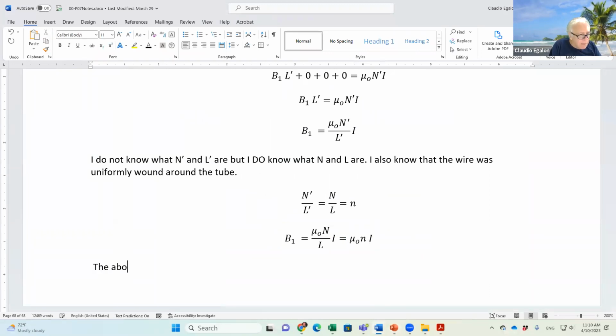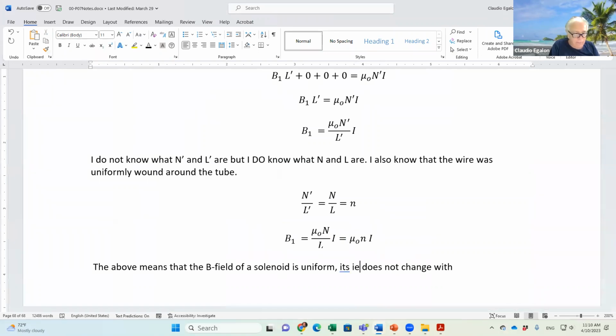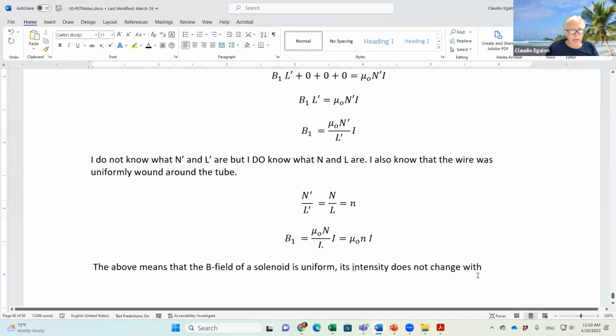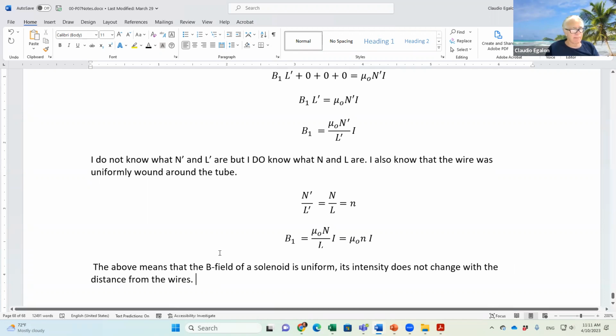The above means that the B field of the solenoid is uniform. It does not change its intensity with the distance from the wires themselves. Very important.